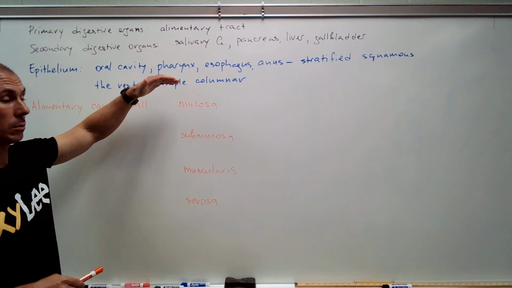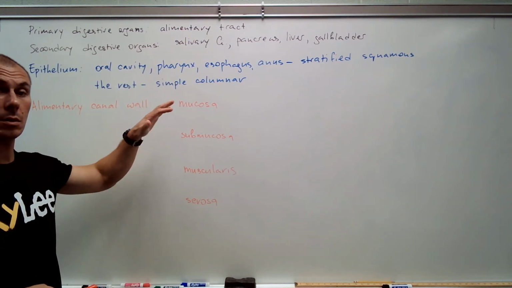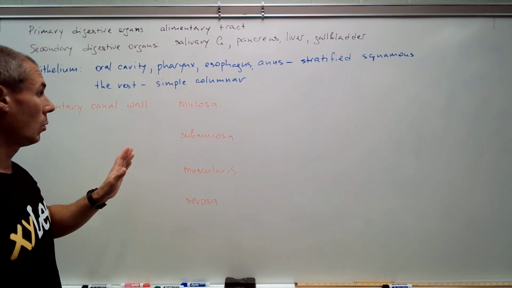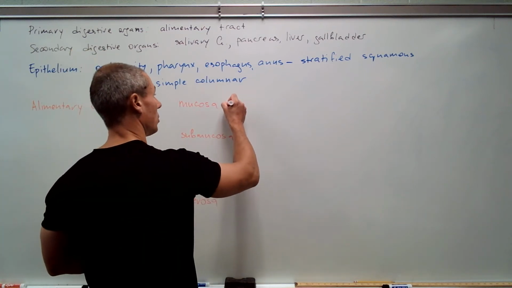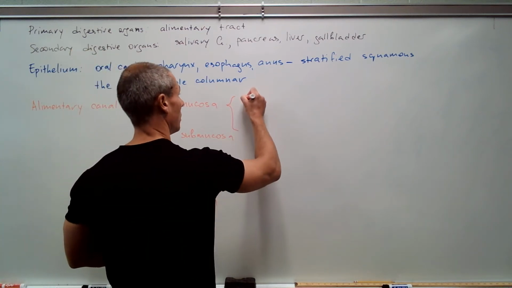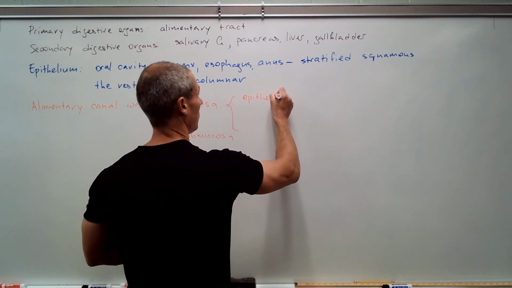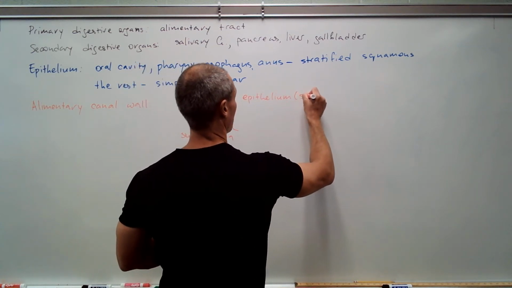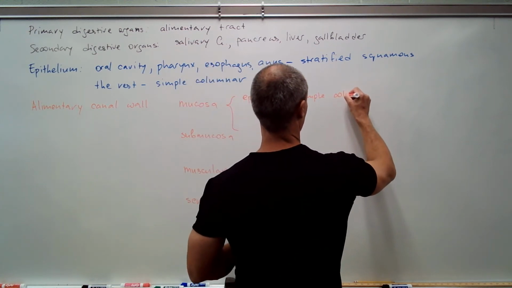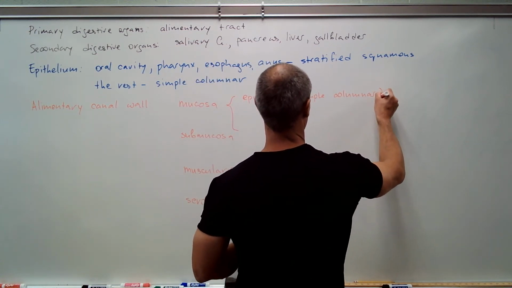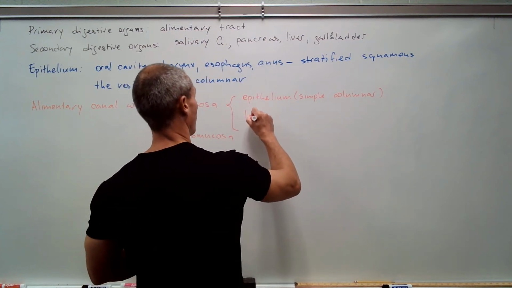Okay, now, within each layer, what do you need to know? Mucosa. In the mucosa, you've got epithelium, so simple columnar, and lamina propria.